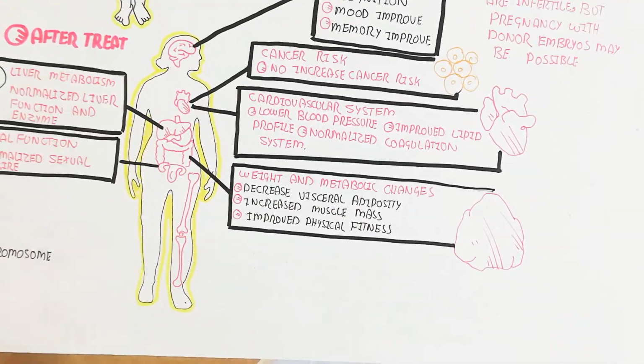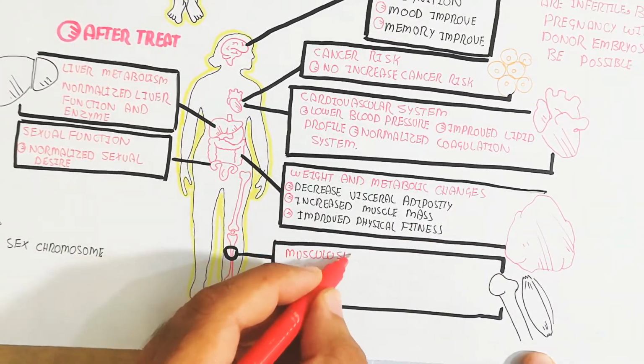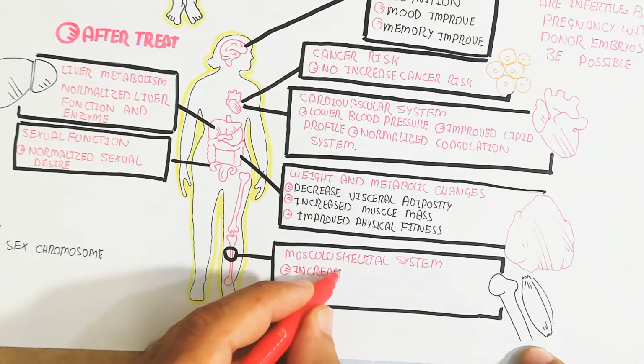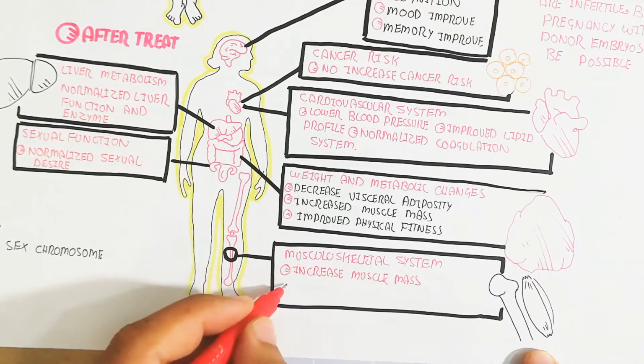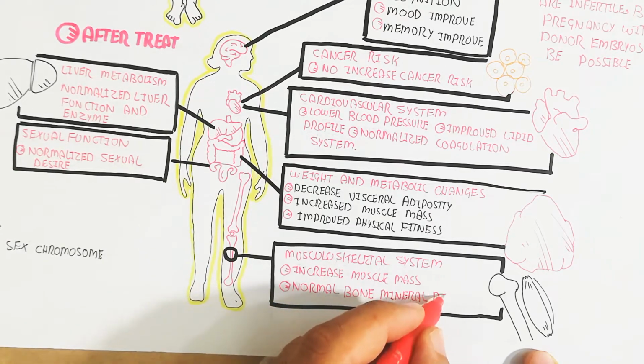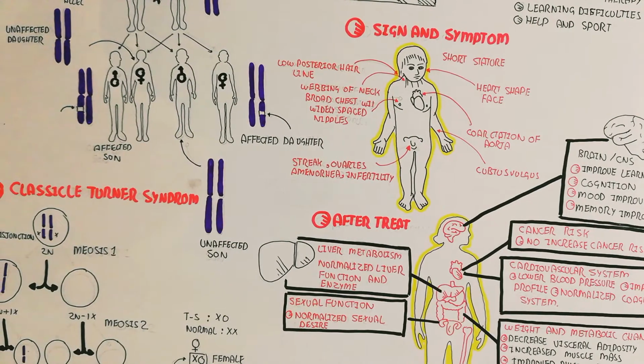There is also increased muscle mass and improved physical fitness. In the musculoskeletal system, muscle mass increases, bone mineralization is normal, and mineral density can be increased and improved. So that's all about Turner syndrome, treatment, signs and symptoms, and after treatment.